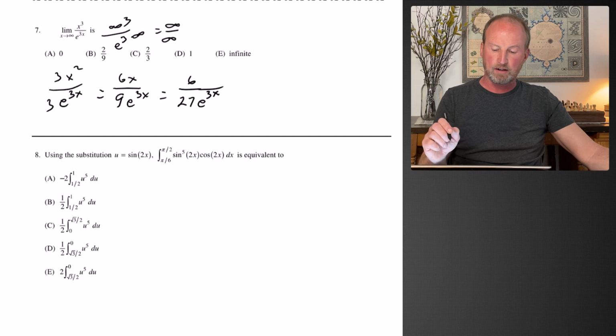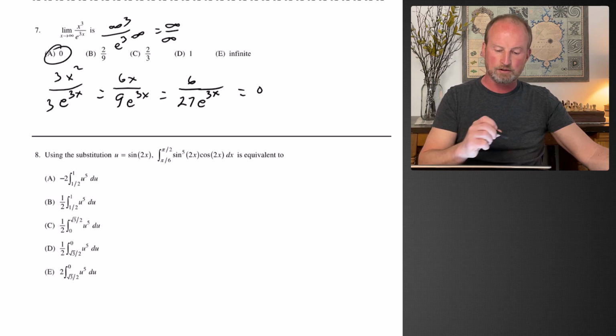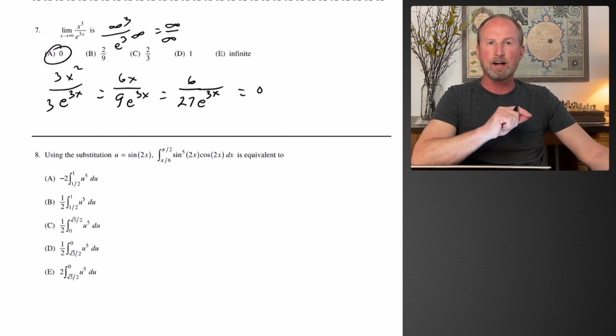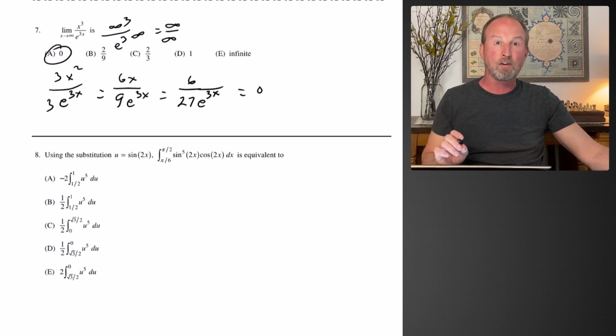Now when I plug in infinity, I get 6 over infinity, and 6 divided by infinity is 0, and so my limit is 0. Notice we have infinity on the bottom, and something divided by infinity is 0. Something that divides by a very, very large number is 0.